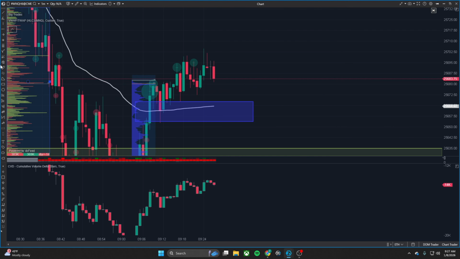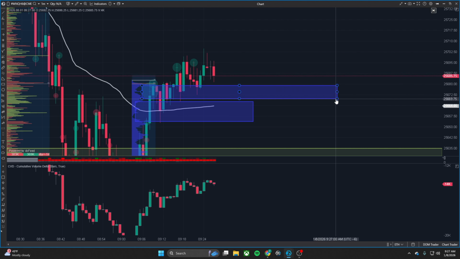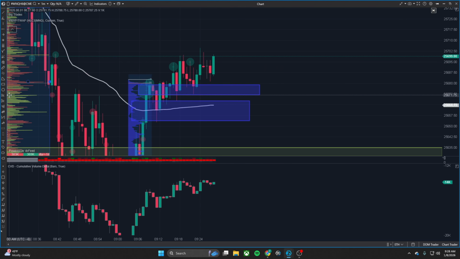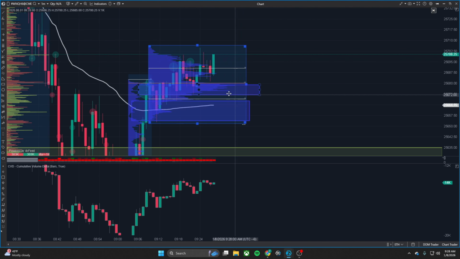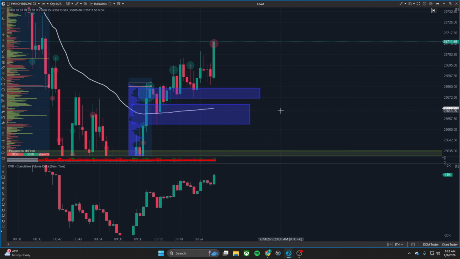Another low volume node up here. Actually, I don't know. Yeah, we'll mark it up. I guess we could call this consolidation now, right? I mean, we are in a steady uptrend here, so I don't think we can. Alright.